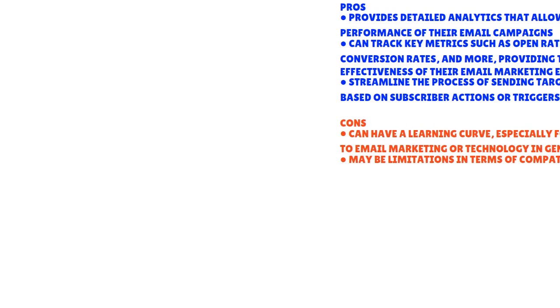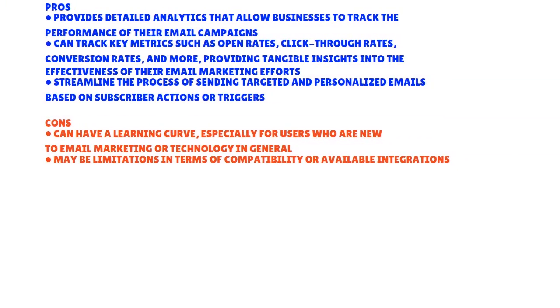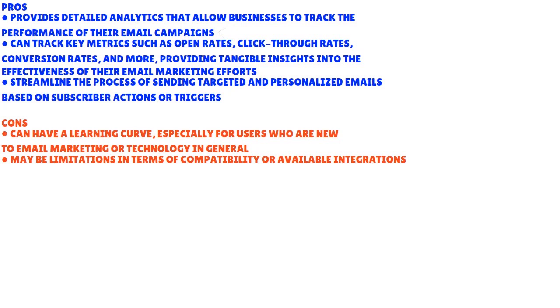So what are the pros and cons of email marketing software for reporting and analytics? The pros first. You have tools that provide detailed analytics that allow your business to track the performance of its email campaigns. You have tools that can track key metrics such as open rates, click-through rates, conversion rates, and more.